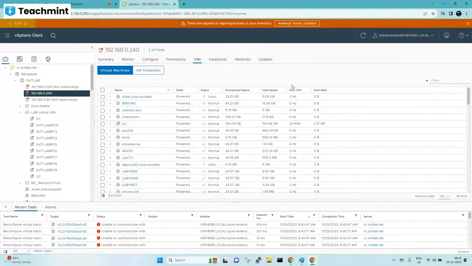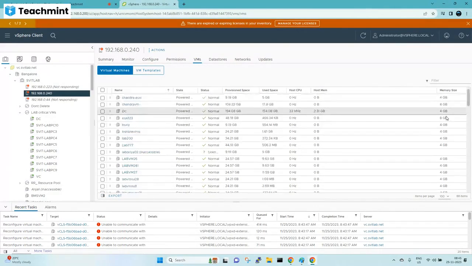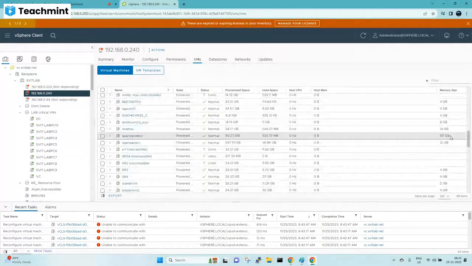I want to see how much RAM we have allocated here. It's not visible as of now. What I'll do on the same window, this window icon, click on it. You can see memory size. Enable it. Here you can see all together. Somebody has given 50 GB RAM just for the ESXi host.